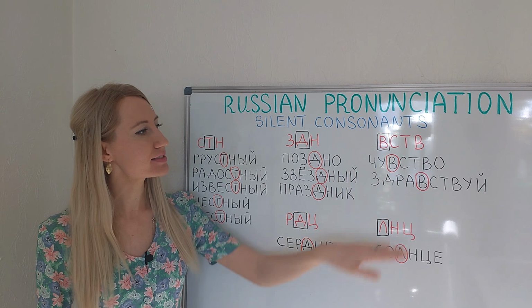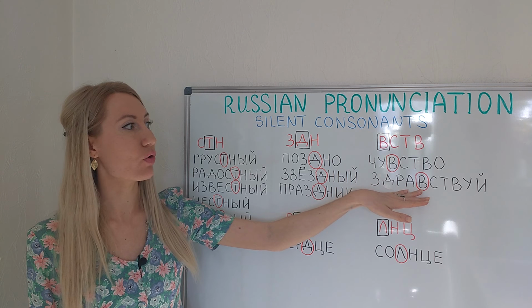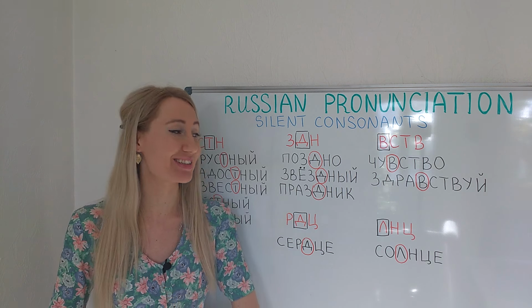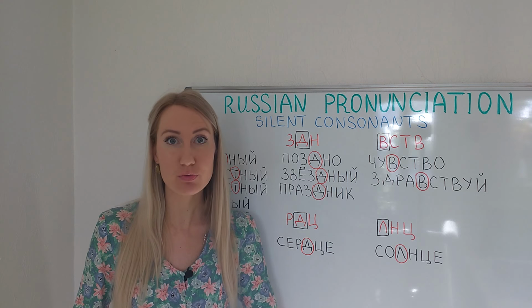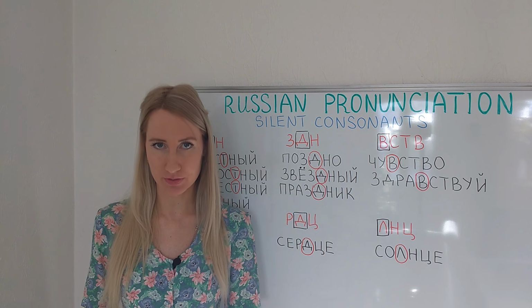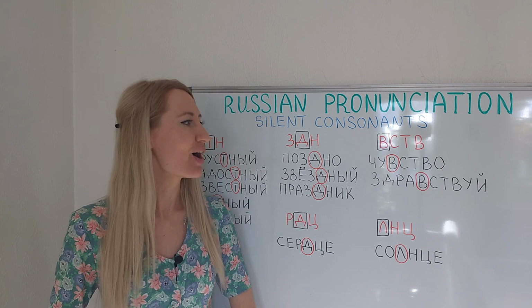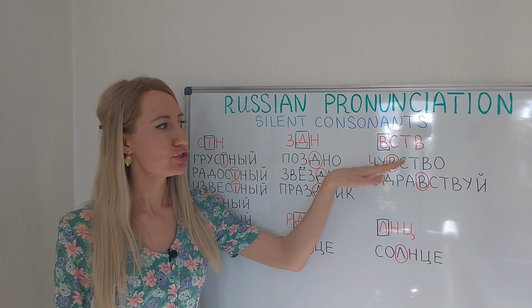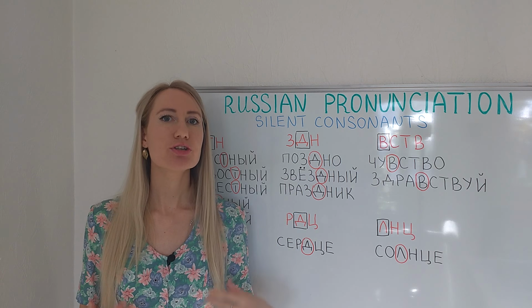Okay, and the last combination is a combination of 4 consonants, vstv. It's very difficult to pronounce, but if we really try, we can say чувство. Russians can manage. But in speech we don't do it, so we say чувство, a feeling.